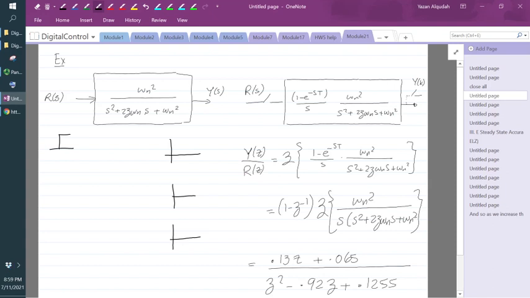That will determine whether we're going to have an underdamped response that might look like this, a critically damped response that might look like this, or an overdamped response that might look like this. What determines this is zeta. If zeta is less than 1, we have an underdamped response. If zeta equals 1, it's critically damped, and if zeta is greater than 1, it's an overdamped response.